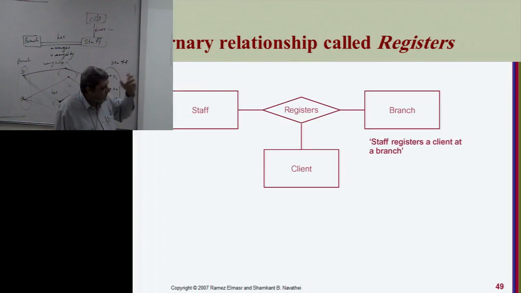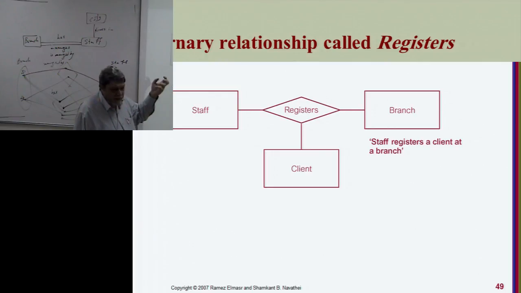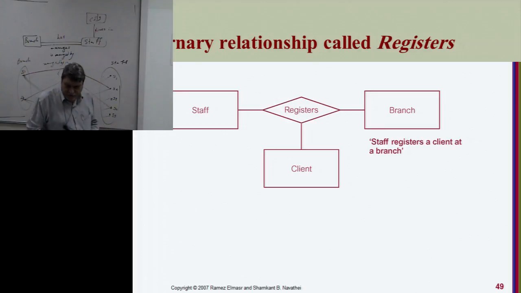So the registration here is a relationship that relates the branch, client, and the staff, or actually the client to the branch he registers in, to the staff who helps him to do the registration. Got it? So we use the rhombus when we have a higher degree relationship, a relationship with a degree higher than 2.